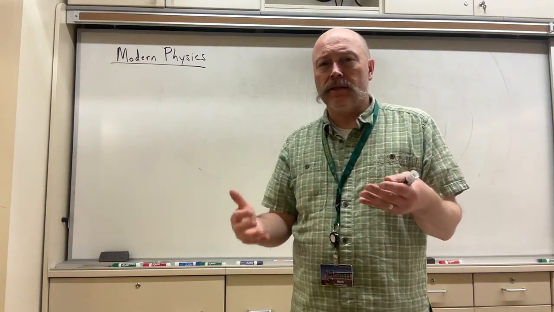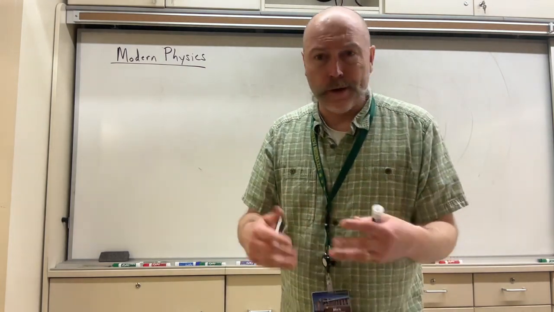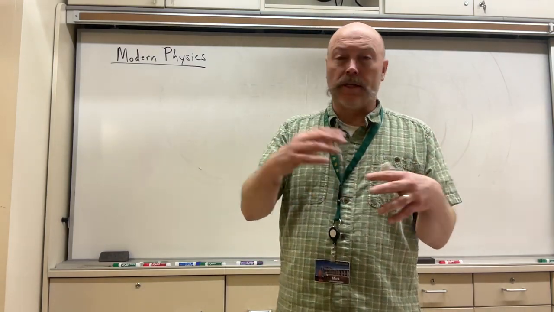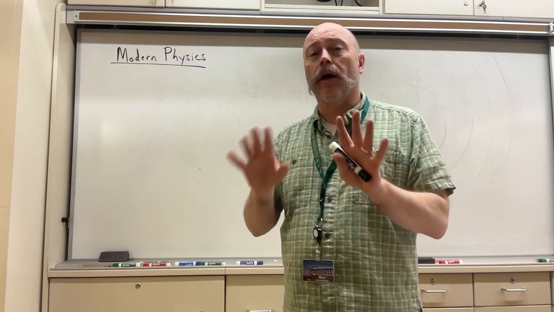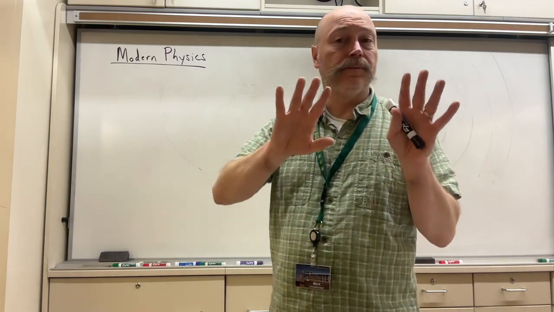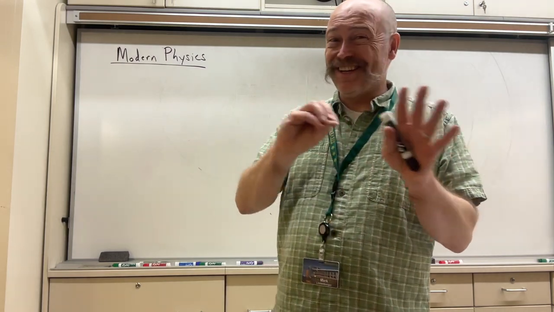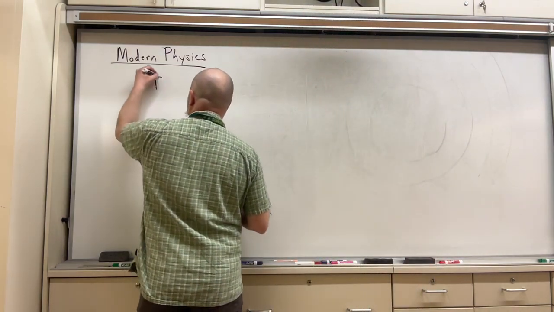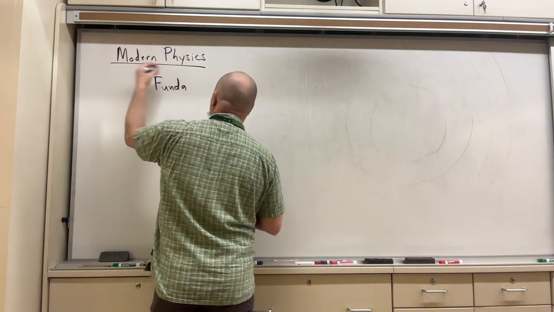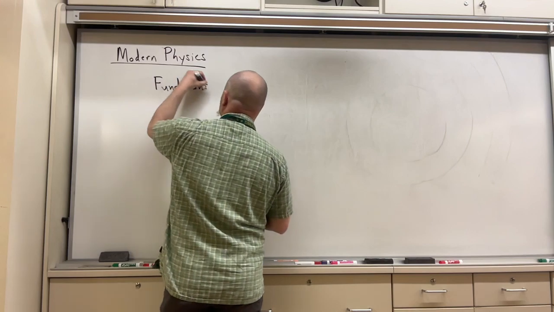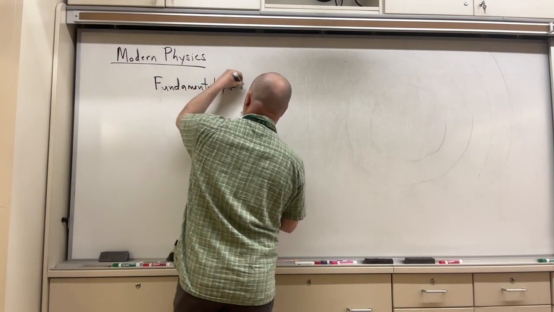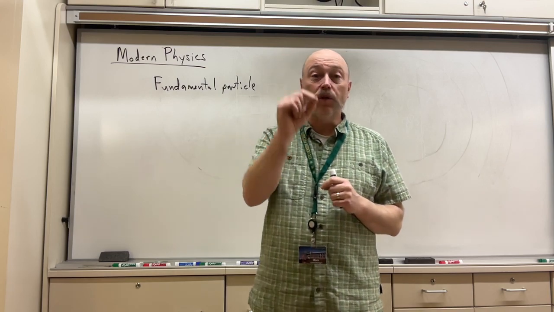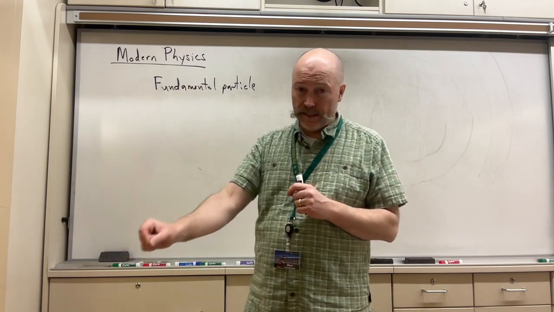Then they realized you could break an atom into parts, and found that an atom is made up of electrons and protons and neutrons and all kinds of stuff. One of the things you need to understand is this idea of what is a fundamental particle. A fundamental particle is a particle that you can't break down into smaller pieces.